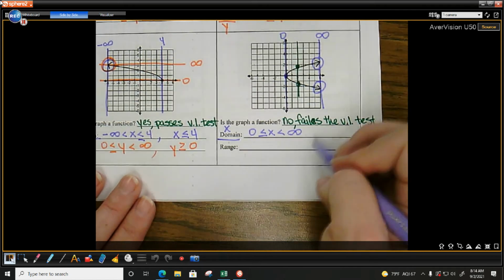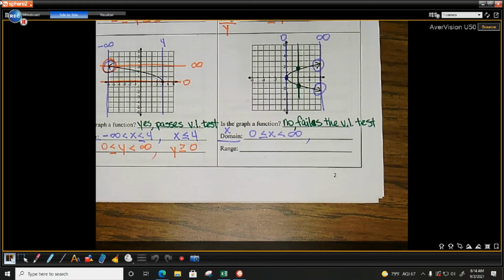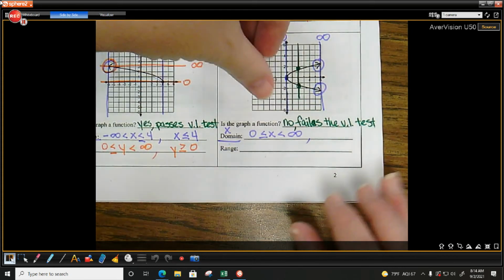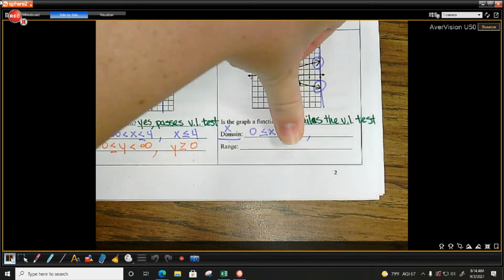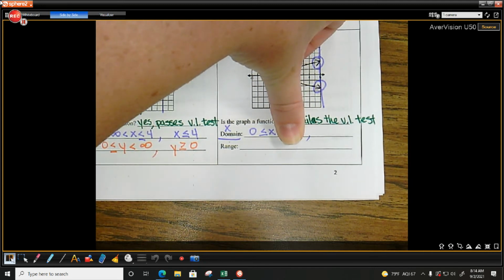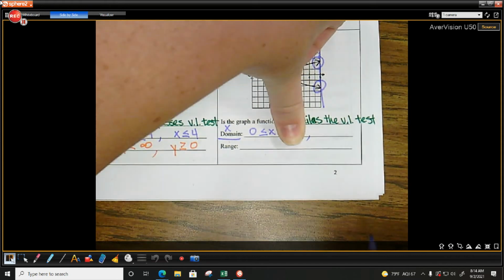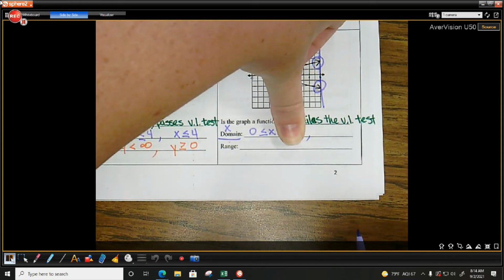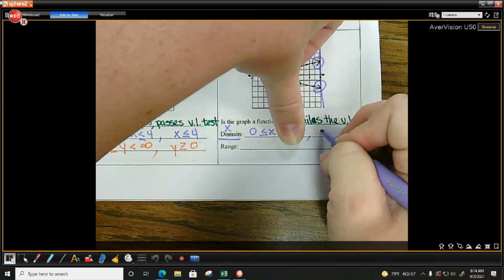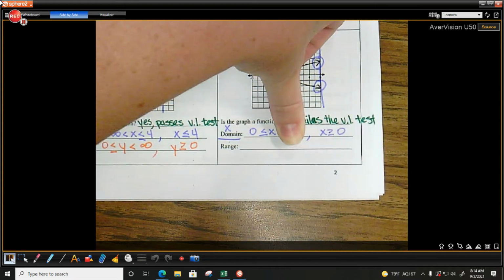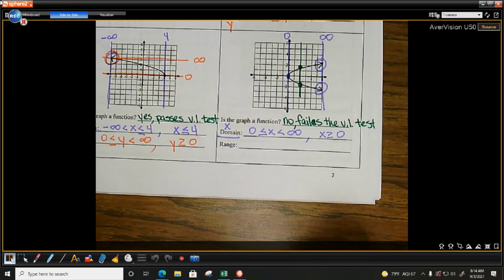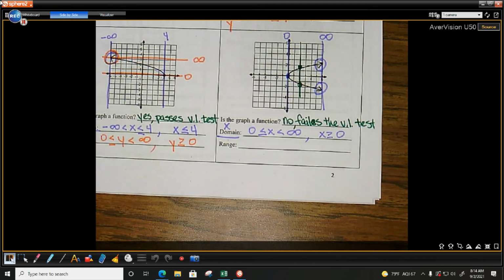So if I get rid of that, what would be another way to write my domain? But remember, we always want our variable on the left. X is greater than or equal to 0. Very good. Do you need to know what both of these mean, guys? Yes, because you can see it both ways.